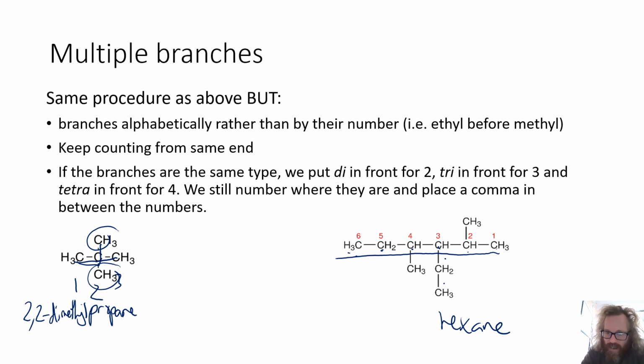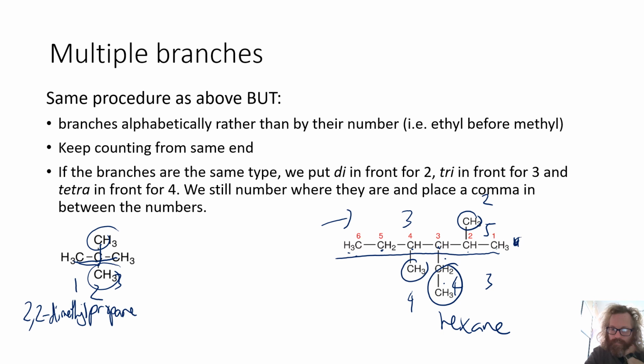And I've now got methyls there and an ethyl there. If I start numbering from this end, I end up with 2, 3, 4. Otherwise, if I went from this end, I'd end up with 3, 4, 5. So the 2, 3, 4 is the lowest numbering.